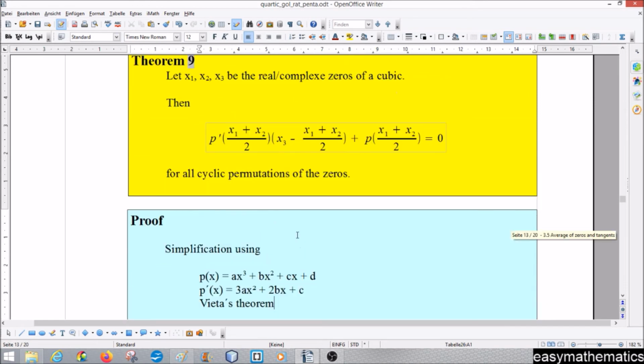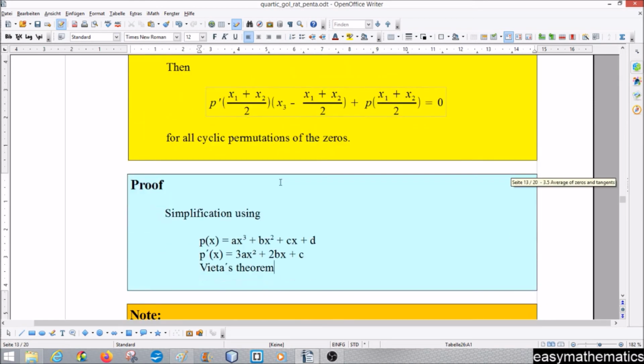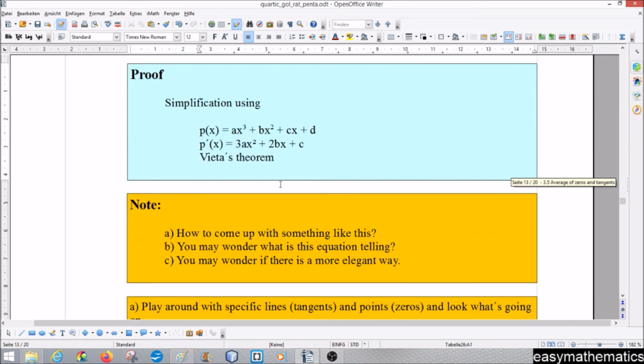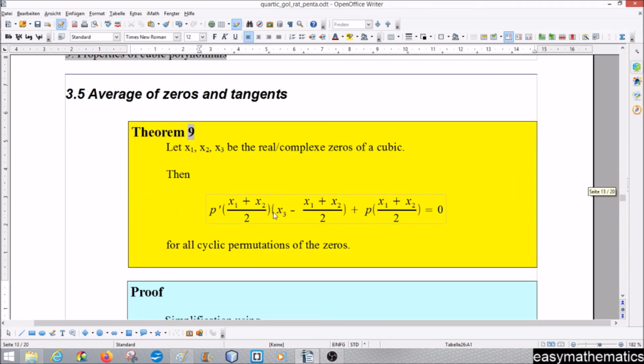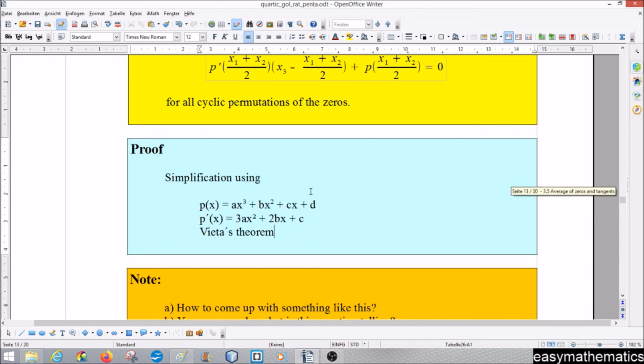And before we prove it in a more elegant way, how to come up with something like this, and you may wonder what this equation is telling us. Yeah, take some weird combination of derivative and cubic and combine them with a combination of the zeros, and you get 0.